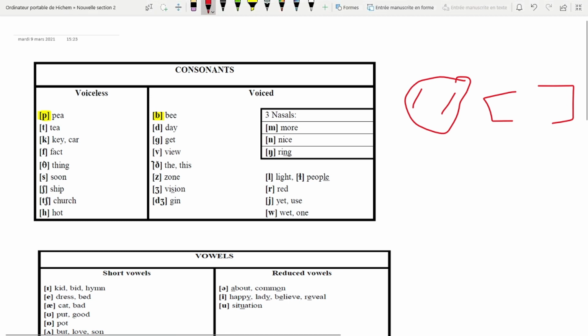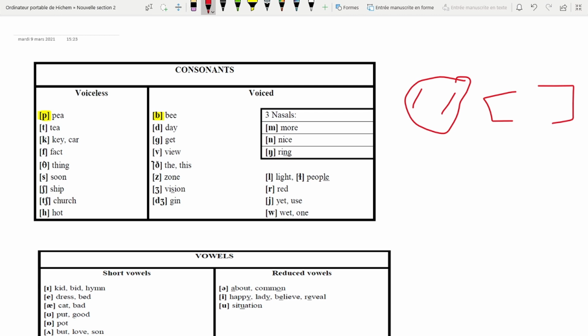So we have voiceless consonants and we have voiced consonants. This table will hopefully help you remember these consonants, because we are going to see them again and we are going to describe these consonants as well as the vowels, of course. We start with voiceless.